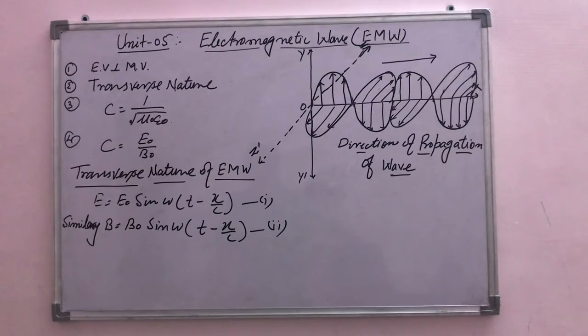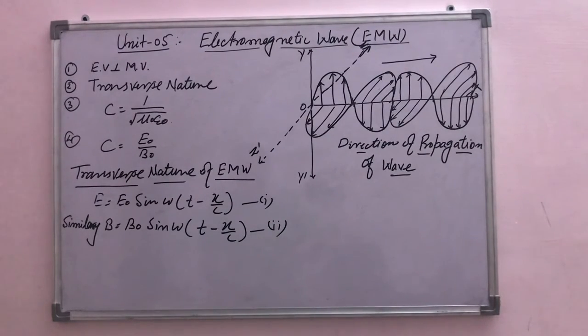Similarly, the frequency of the microwave is from 3 into 10 to the power 8 to 3 into 10 to the power 11 Hertz. Similarly, for infrared rays, 3 into 10 to the power 11 to 4 into 10 to the power 14 Hertz. Next, for visible light, 4 into 10 to the power 14 to 8 into 10 to the power 14 Hertz.